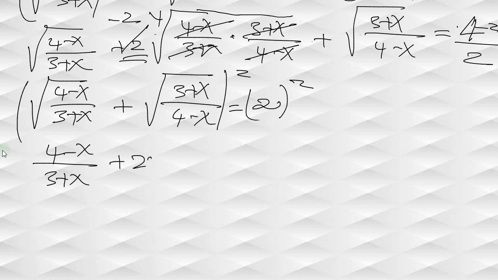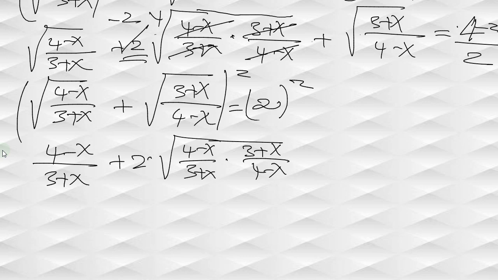The product of them is just going to be 2, guys, because this is the square root of (4 minus x over 3 plus x) times (3 plus x over 4 minus x), right? And then plus 3 plus x over 4 minus x, the square root of the second term, and this is equal to 4.